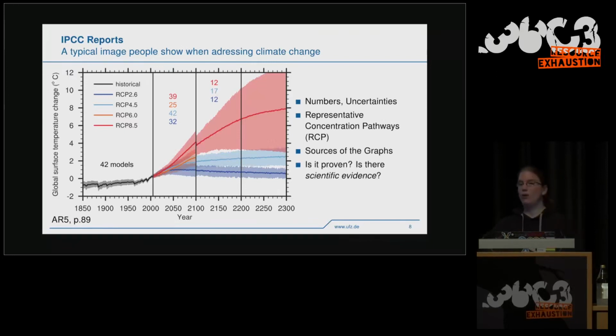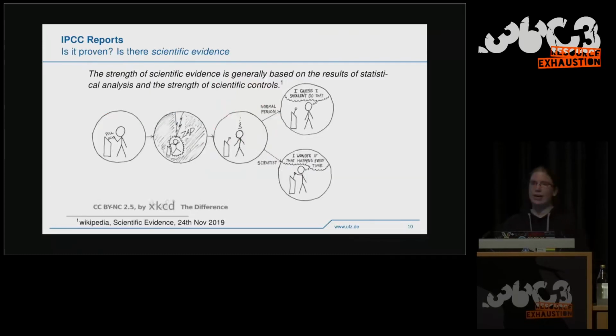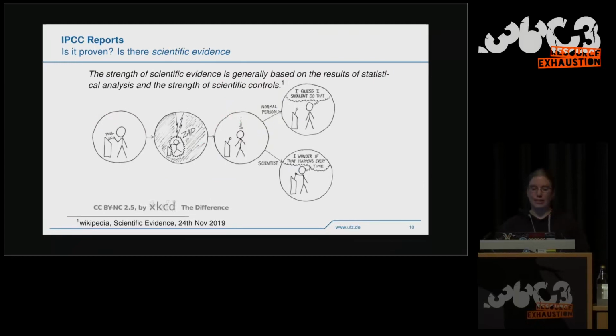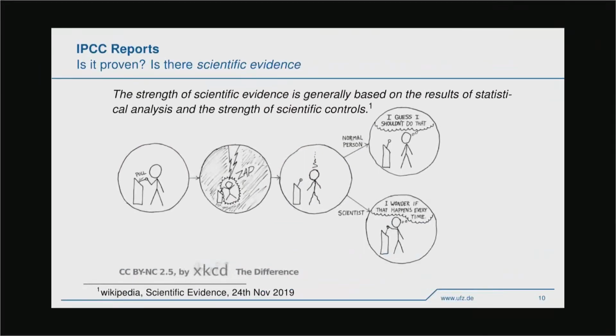And first of all, I will answer the question: is it proven, or is there scientific evidence, that we will face that climate change? So you will see that graph quite often. First of all, I took a definition for proof, for scientific evidence, from Wikipedia.